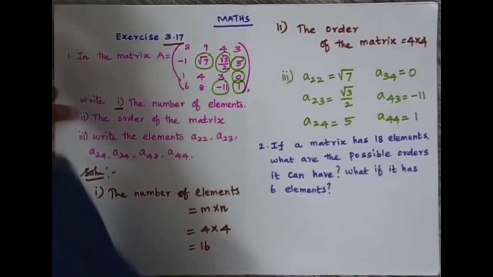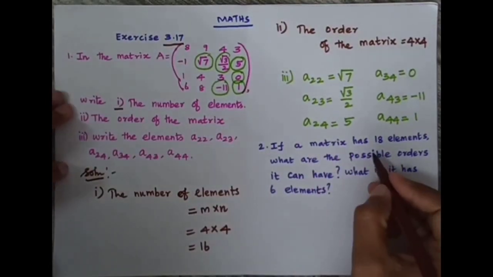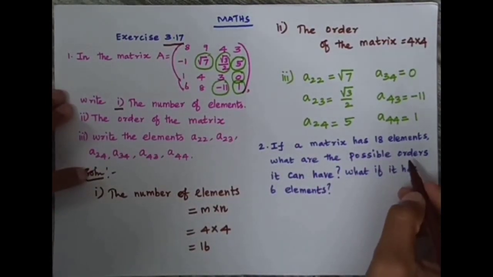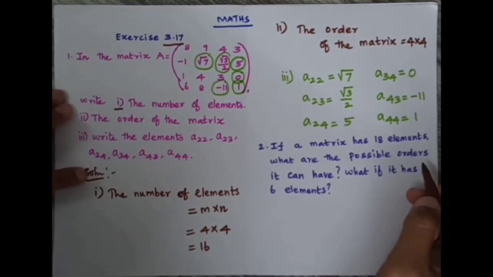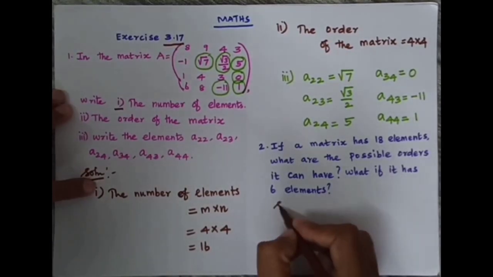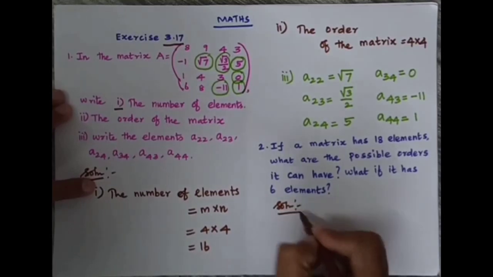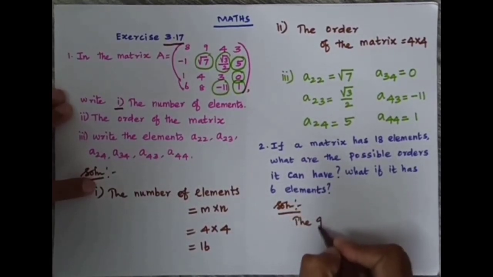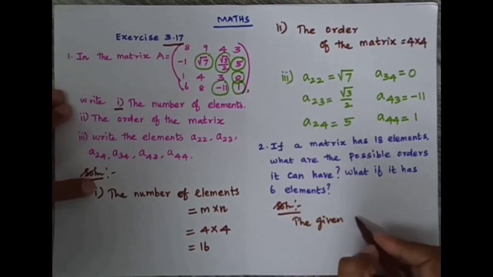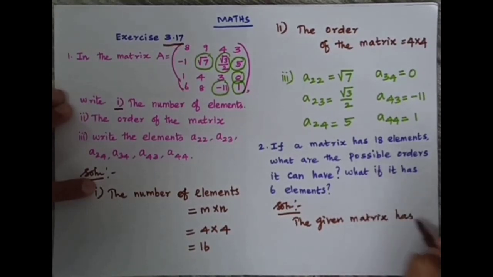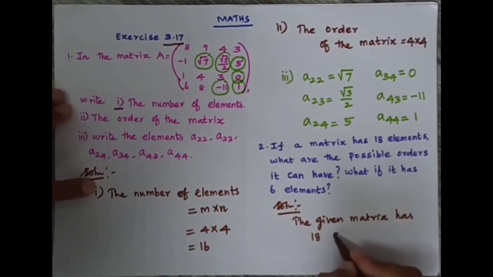Then the second question is, if a matrix has 18 elements, what are the possible orders it can have? What if it has 6 elements? The given matrix has 18 elements.